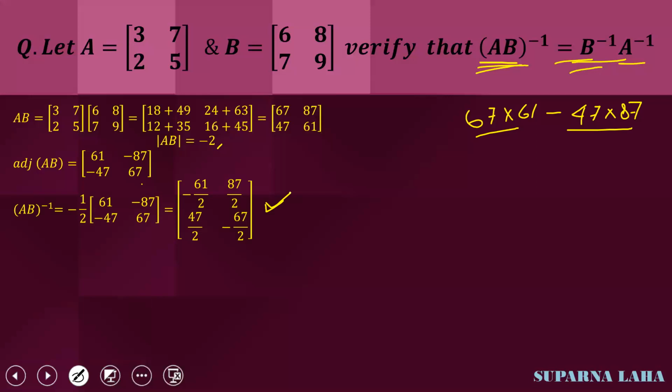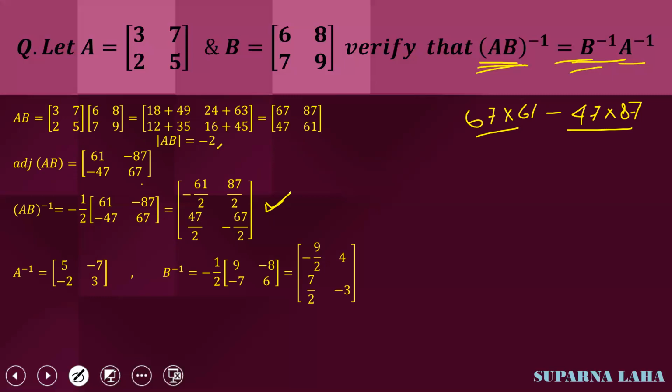Now we need to find A inverse and B inverse. For that, you need to find, first of all, the determinant of A and the determinant of B. So A inverse is what? First of all, find its determinant value.